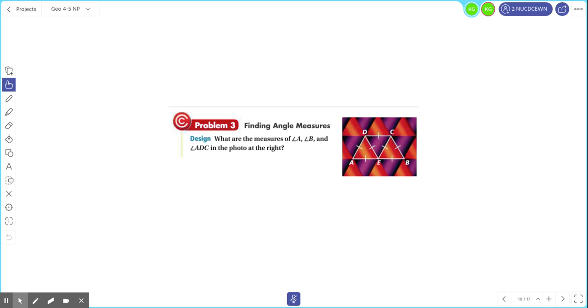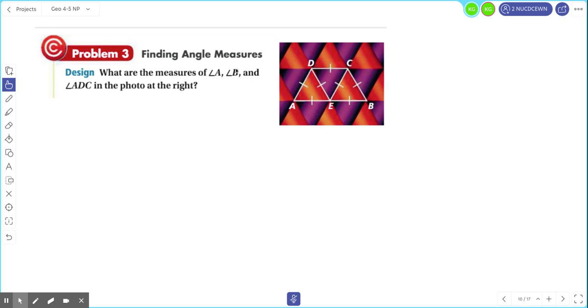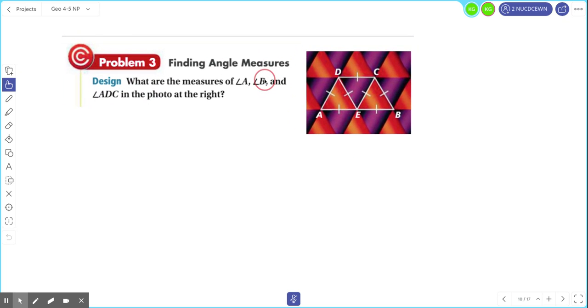So, finding angle measures. In this question, they're asking us what are the measures of angle A, angle B, and angle ADC. Let's highlight those really quick. Angle A, angle B, and angle ADC.